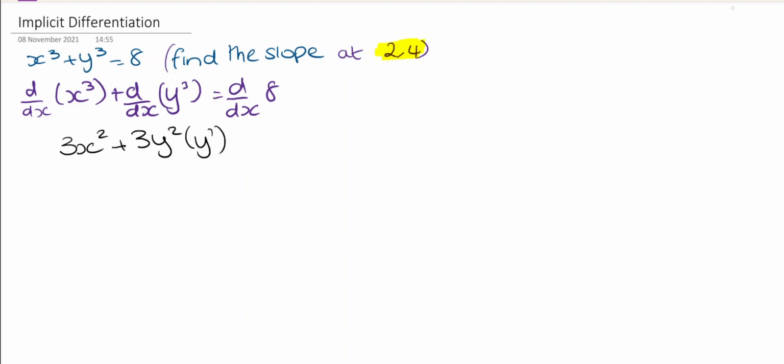Now you sometimes will see that the derivative of y may be written like this. So let's have a look, and then we'll have 8 is constant, so if we take the derivative, it's just going to be 0. Now what we need to do, we're just trying to isolate the derivative of y, to see what the value is.